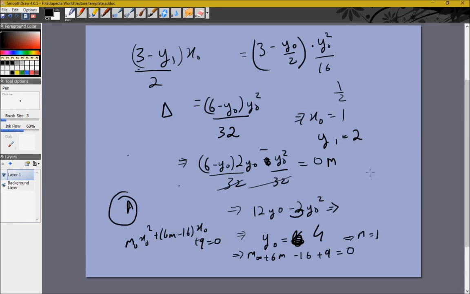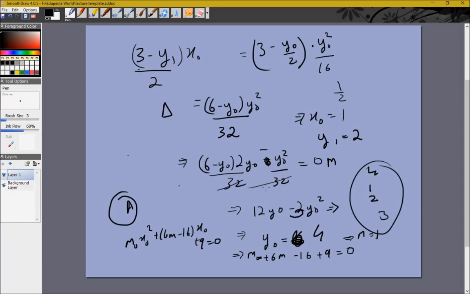So m is 1, which is option 4. Maximum area is half, which is option 1. y0 is 4, which is option 2. And y1 is 2, which is option 3. Yeah, so 4, 1, 2, 3, which is option A.